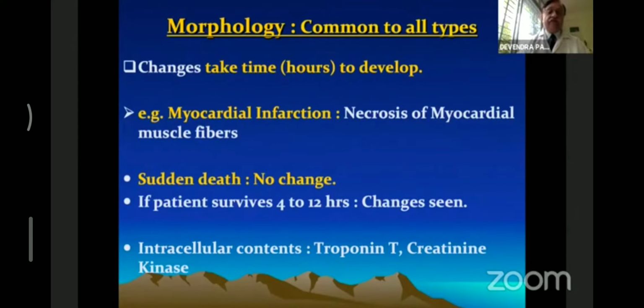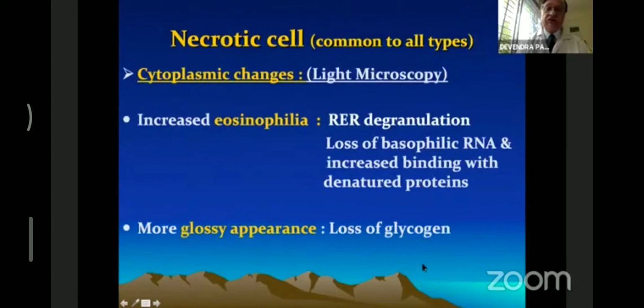Then 12 hours have passed, 8 o'clock in the morning he has sustained it. Anytime after that he dies, then definitely we are going to see both the gross and the microscopic changes. That's what I mean by saying that it takes time for the morphological changes to develop. Meantime, intracellular contents leak out like troponin T or creatine kinase enzymes, which can be used for diagnosis of myocardial infarction.